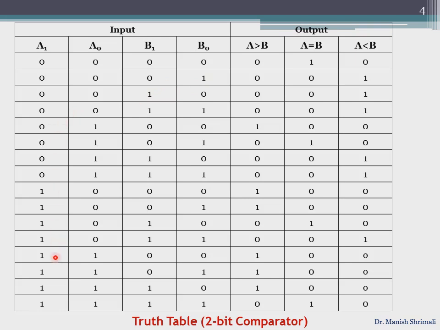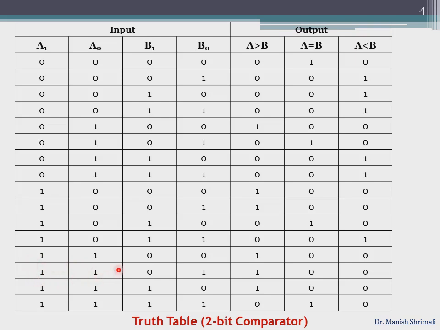If I take the example of, suppose you just see this row in which we have A1 equal to 1 and A0 equal to 1. So here the weightage of the input A is 3. That is exactly what I am trying to say.